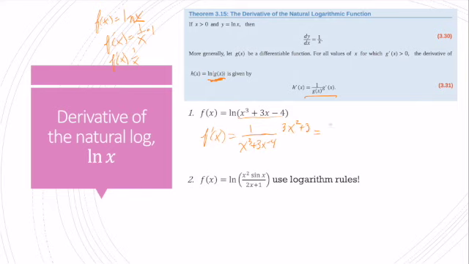So I have 3x squared plus 3 over x cubed plus 3x minus 4. For this next function, we're going to need to use the logarithm rules. It can get a little messy, so let's give ourselves a little bit more room, shall we? F of x equals the natural log of x squared sine x all over 2x plus 1.